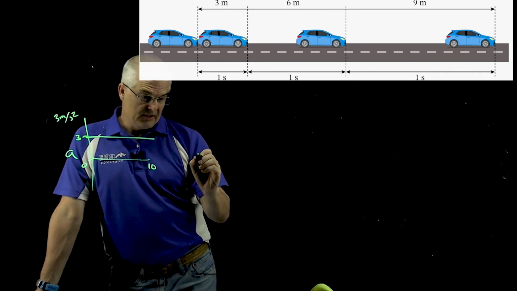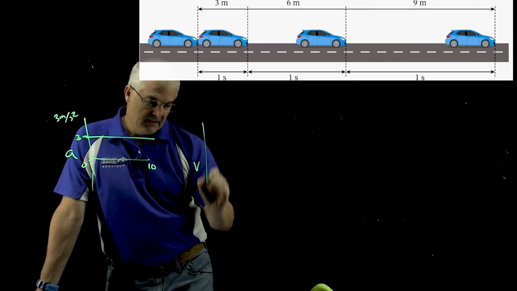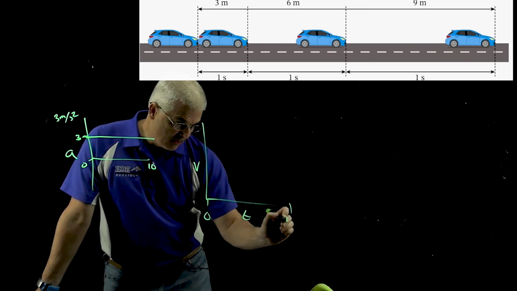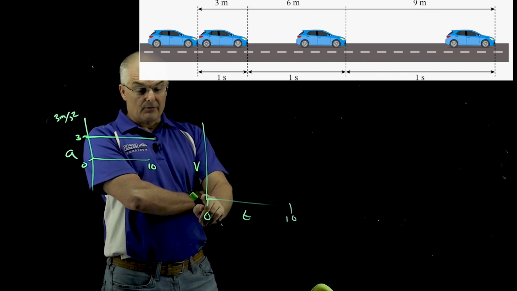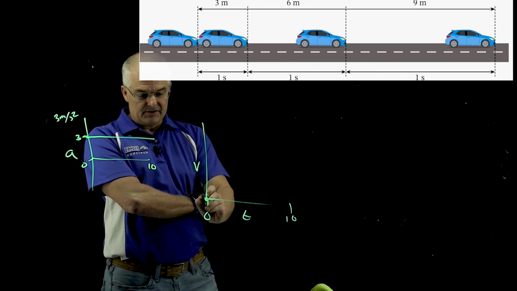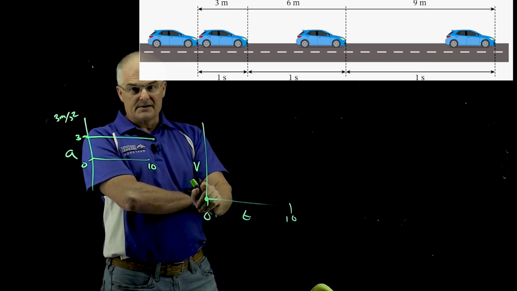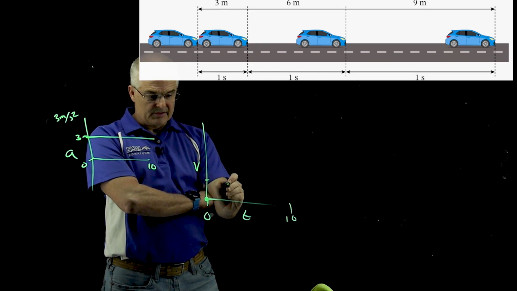Now let's do this with a velocity time. Now velocity versus time, and this is 0 and this is 10. All we have is 3 data points. All right, so it started at rest, so its velocity is 0, right? The car is stopped right here. And now after 1 second, how fast is it traveling? It's traveling at 3 meters per second.